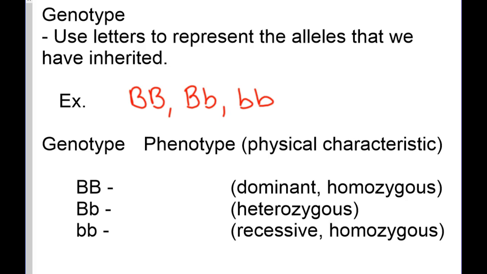When you're asked for a phenotype, it's asking you for what characteristic that individual will have. For example, if a child inherits two dominant alleles, or one dominant allele from each parent, and is big B, their eye color is going to be brown.